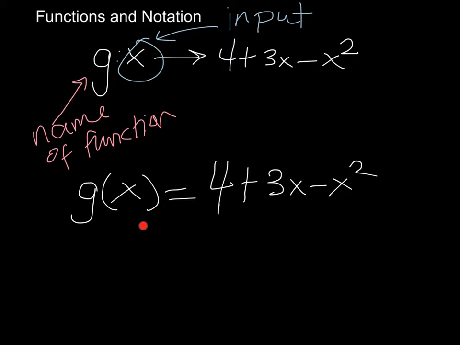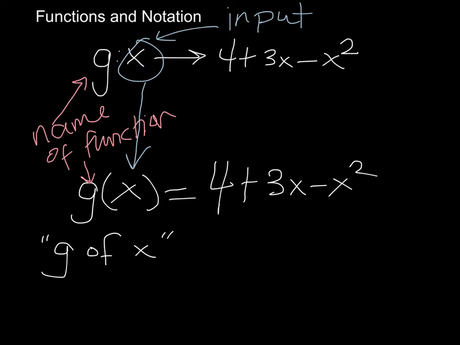Okay, so now this here, I still have the name of the function, and then in parentheses, I still have what the input value is. So how I read this is g of x. G of x equals 4 plus 3x minus x squared.